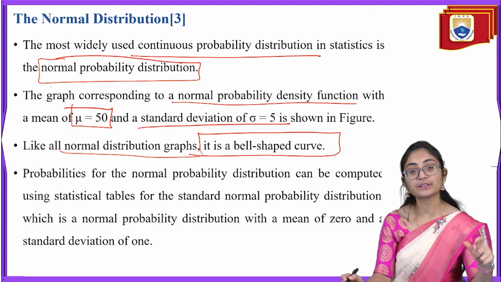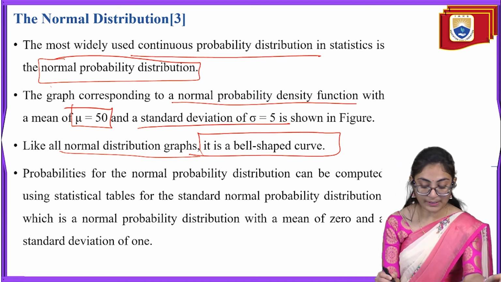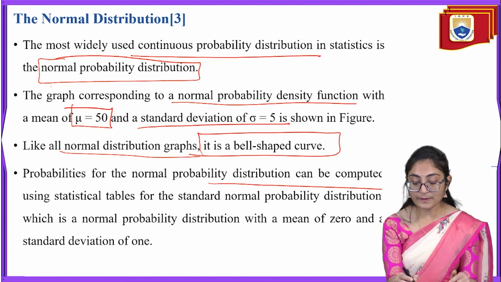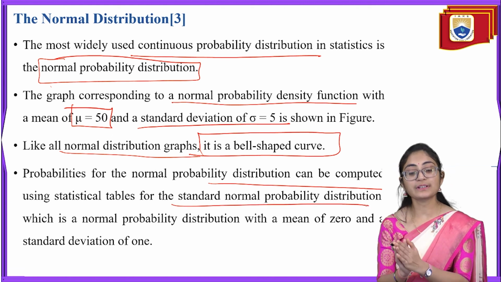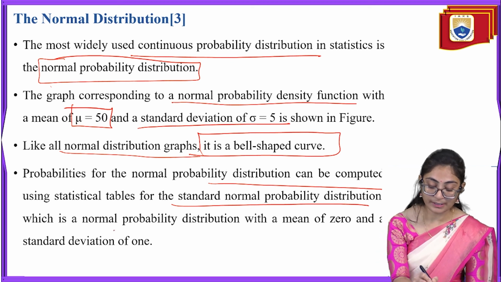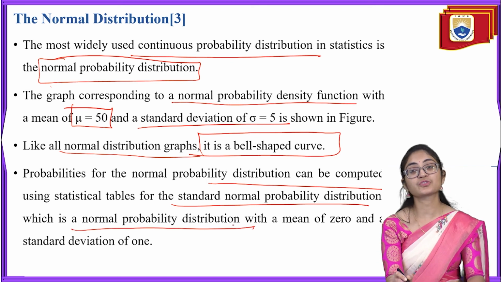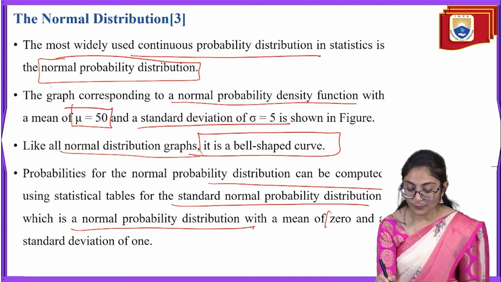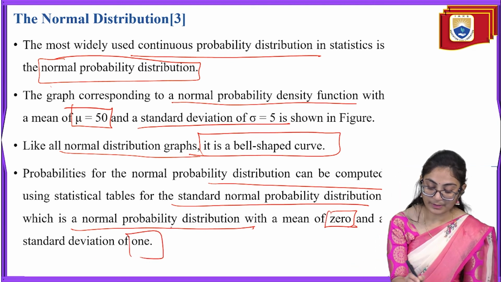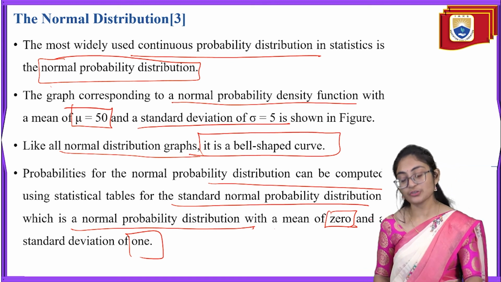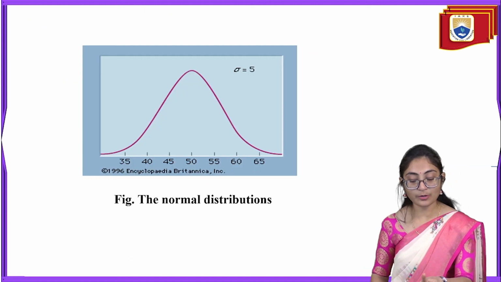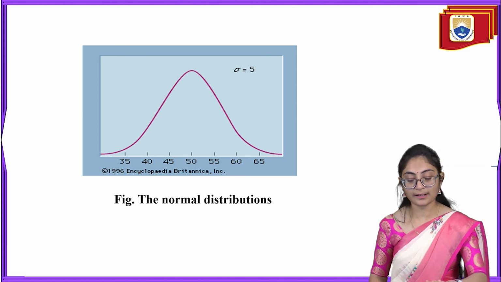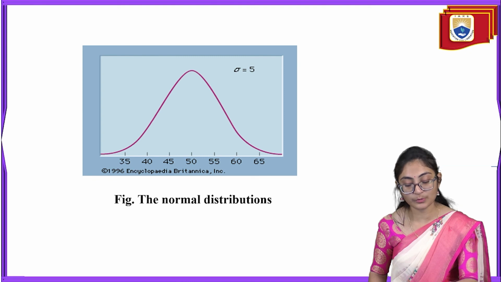Probability for the normal distribution can be calculated using the statistical table for the standard normal probability distribution, which is a normal probability distribution with a mean of 0 and a standard deviation of 1. Your mean will be 0 and standard deviation is 1. This is the normal distribution diagram. Whatever I have told, all things are denoted in the normal distribution diagram.